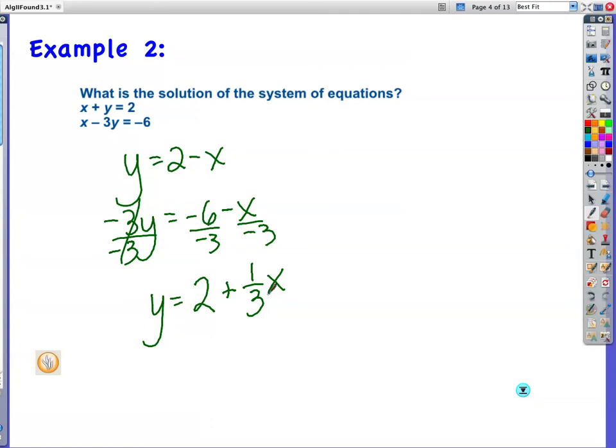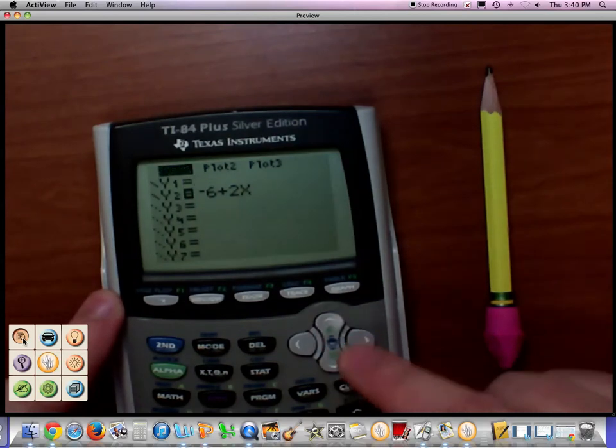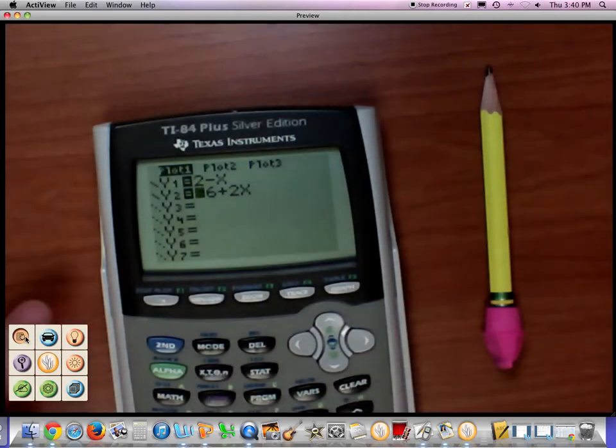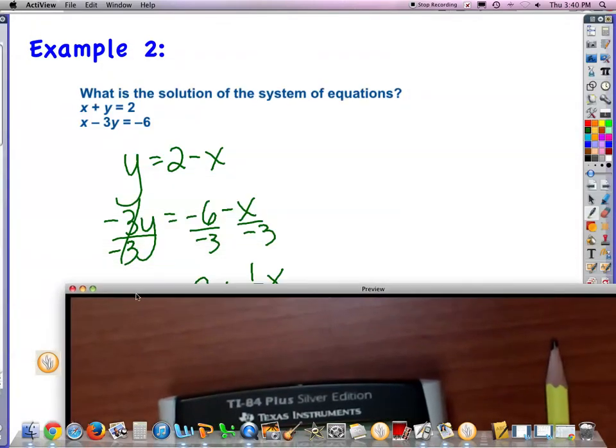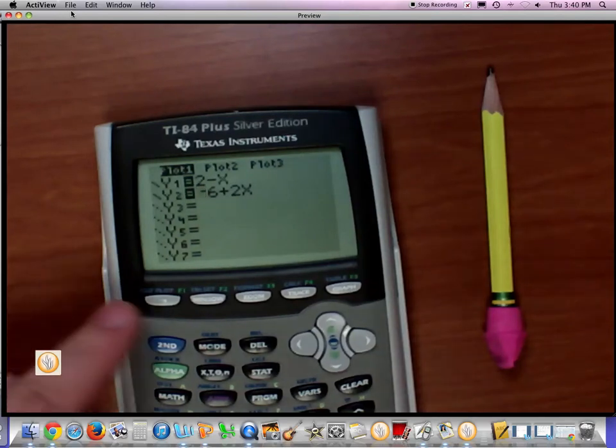So go back to my graphing calculator. I've got y equals 2 minus x. And then because I can't remember for the life of me, the other one is 2 plus 1/3 x.